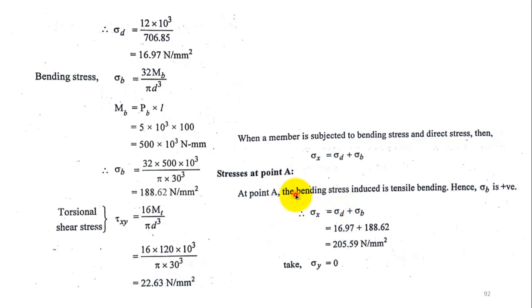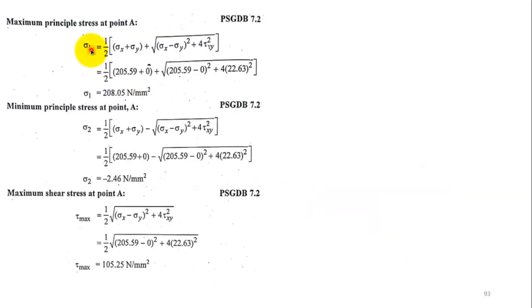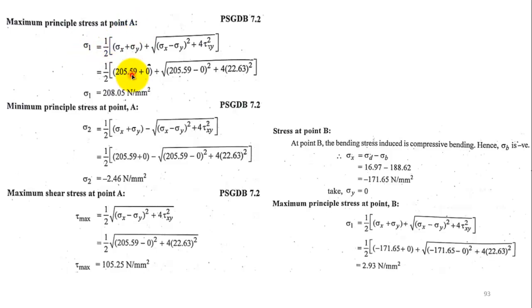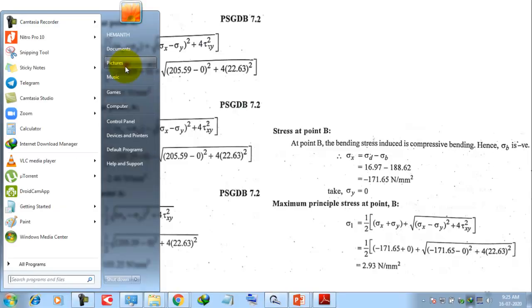At point A, what will be the shear stress? Maximum principal stress at A. If you consider point A, the maximum principal stress is nothing but this formula. This formula also you have in the data book.